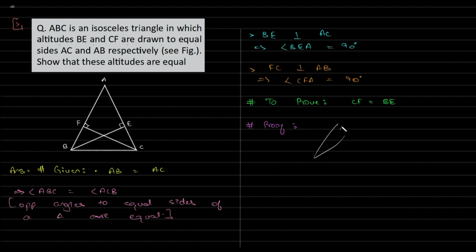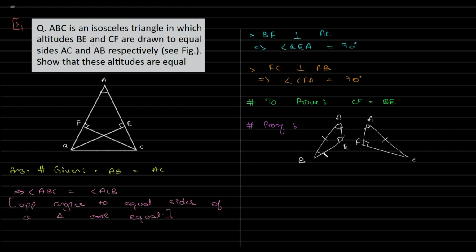So we have something like this and something like this. We have AEB and AFC. So remember, this is 90 and this is 90. A is common in both. We have AB equal to AC, right?